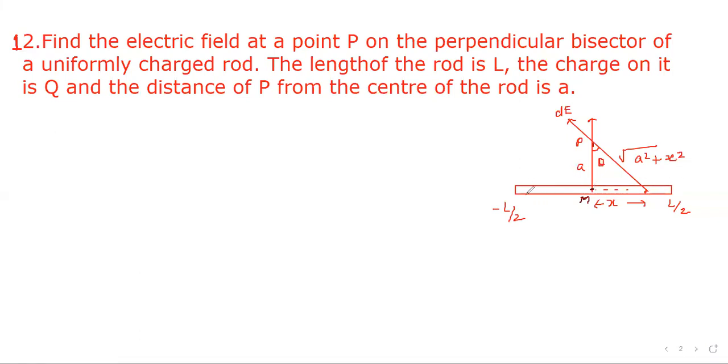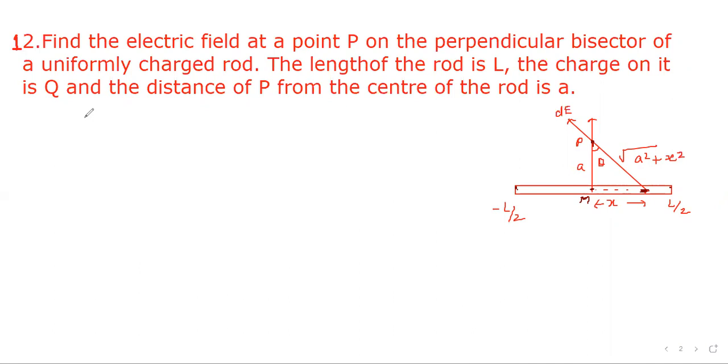From the center, we put the limits minus L by 2 on the left side and L by 2 on the right side. We consider a small charge element, find the electric field due to it, and then integrate within the limits.